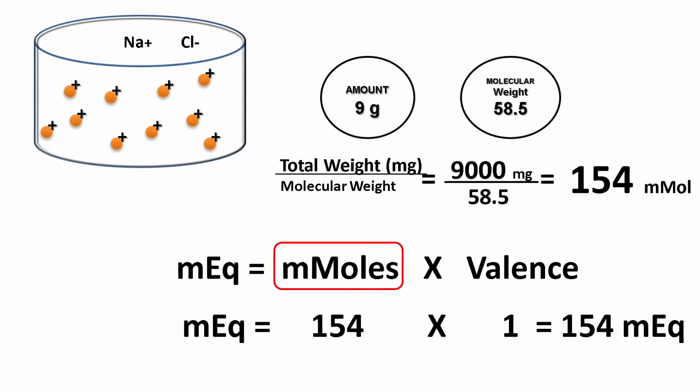Remember, the valence of any salt molecule is always 1 since it is not in ionic state. So the answer is 154 milli-equivalent. That means 154 millimoles of sodium chloride is equal to 154 milli-equivalent of sodium chloride.